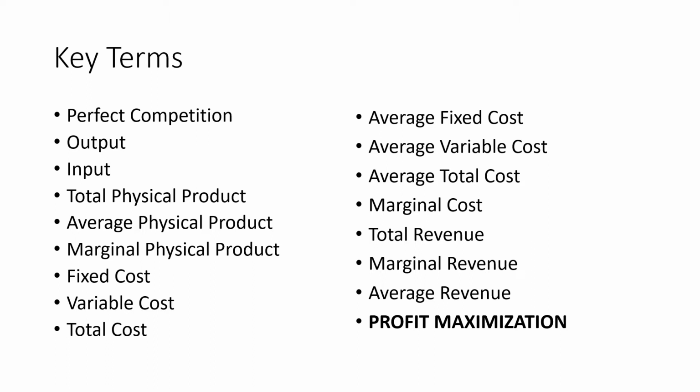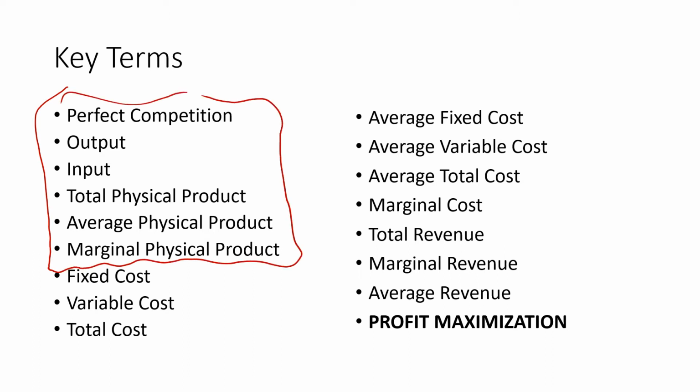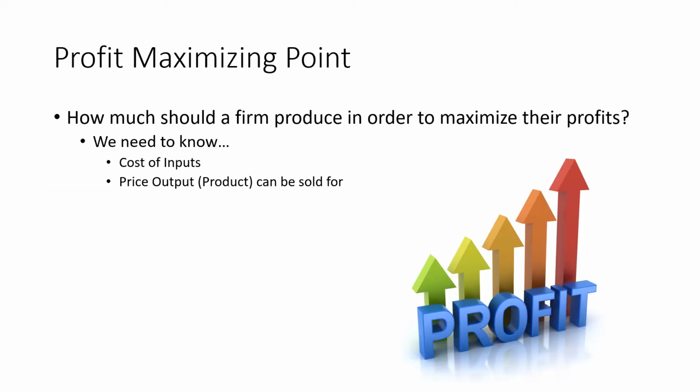So the last lecture we discussed all of these terms, these first 6 or 7 here, and now we're going to talk about all different types of costs as well as different types of revenue, and then finally we're going to figure out how to determine a company's profit maximization point so that we can figure out at what price they should price their product and at what quantity they should be producing in order to maximize their profits.